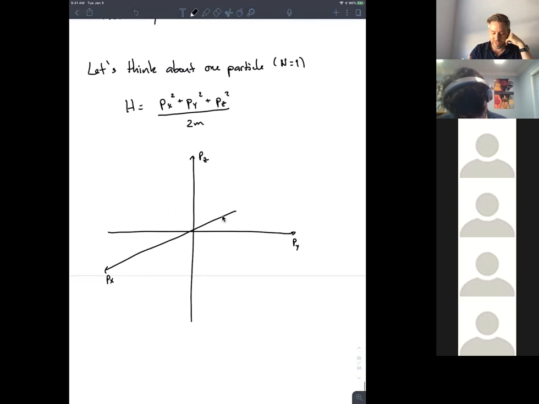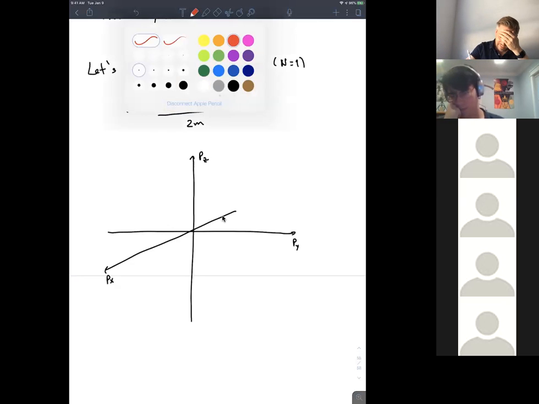All right, so now what is this? This is just equal to some constant energy. What we have is a sum of squares of our coordinates equal to some constant. So again, it's like a circle, right? Except it's a 3-dimensional circle. It's a sphere. Okay, so how am I going to do this?